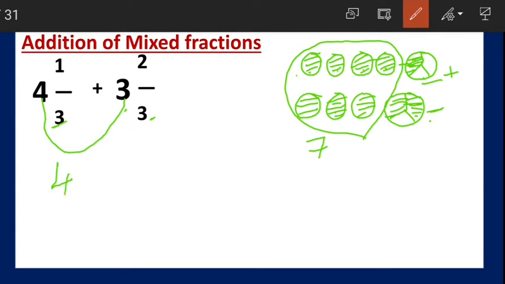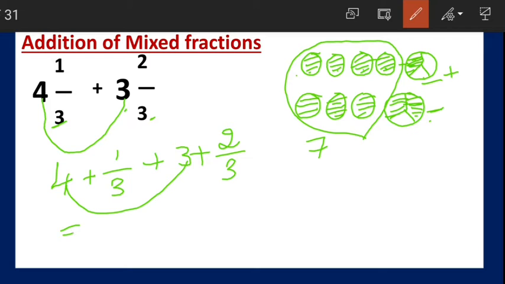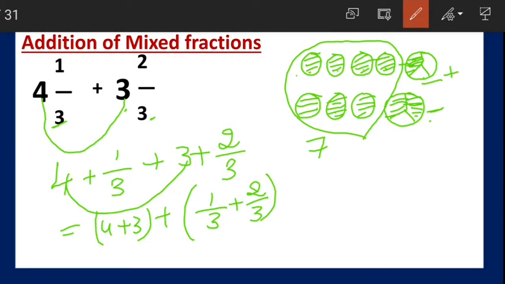4 1 by 3 means 4 plus 1 by 3. In the second, 3 plus 2 by 3. First add these whole parts, that is 4 plus 3, and add the fraction parts 1 by 3 plus 2 by 3. 4 plus 3 is nothing but 7 plus 1 by 3 plus 2 by 3.